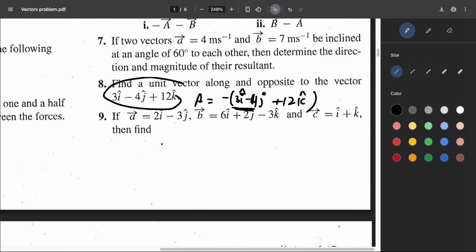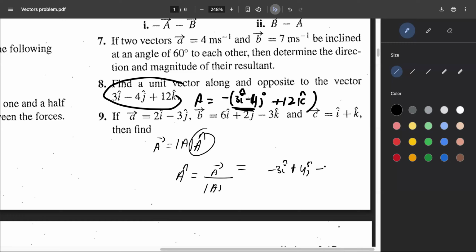How do we generally calculate a unit vector? A vector is nothing but a magnitude times a unit vector. So this is a unit vector: a vector divided by its magnitude. So minus 3i, minus 4j, this will become plus because minus times minus, minus 12k, and the whole is divided by the square root of 3 squared, 4 squared, 12 squared, 144. 9 plus 16 plus 144.